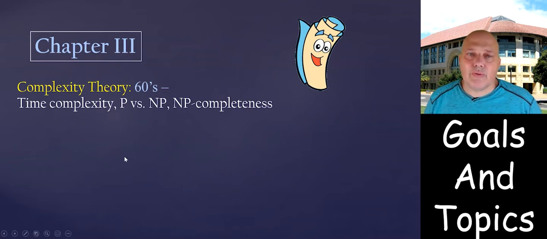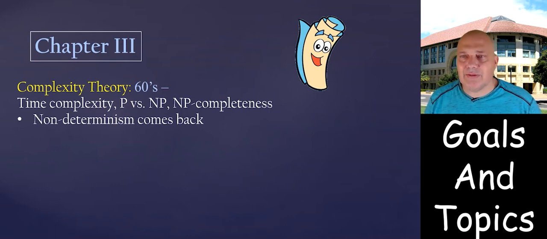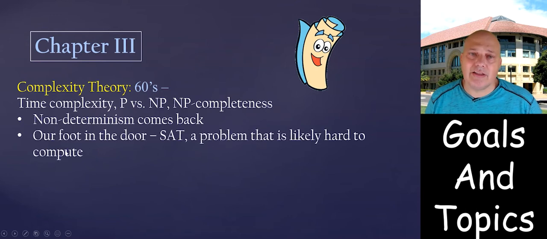We'll talk about time complexity, about the notion of P versus NP, about NP completeness. We'll have another return of non-determinism. The notion of NP will highlight that, but here it will play a much stronger, much more important role. So we'll examine non-determinism, the power of verified guessing, again.